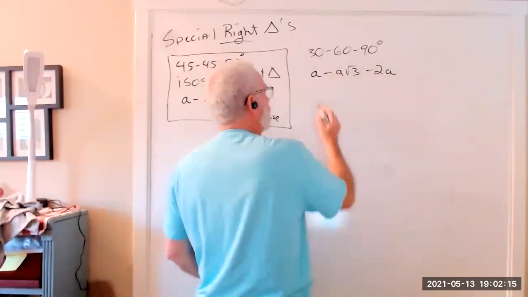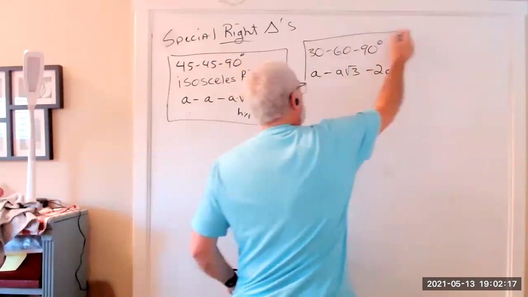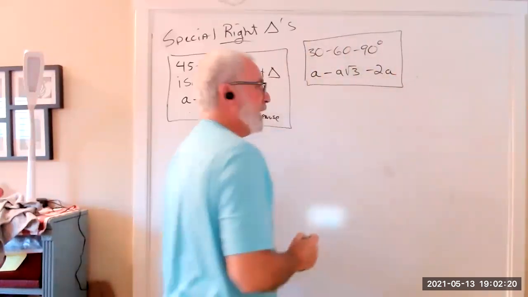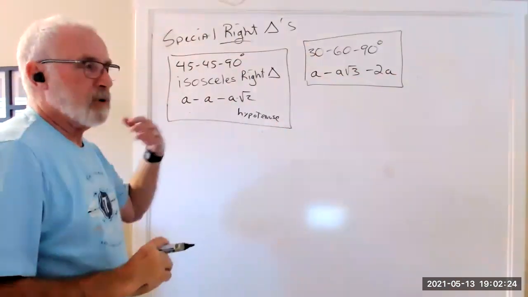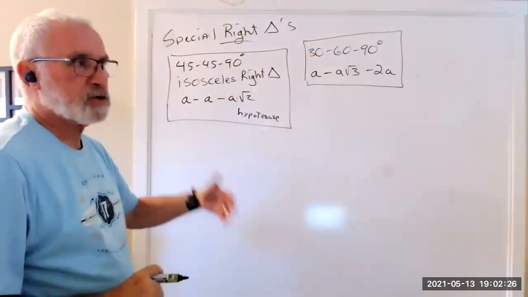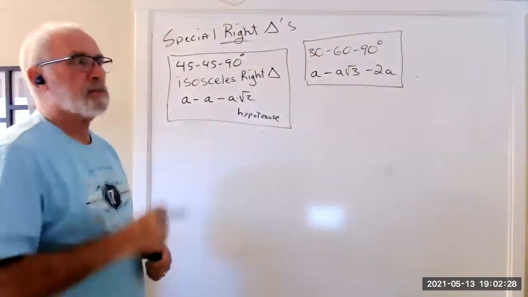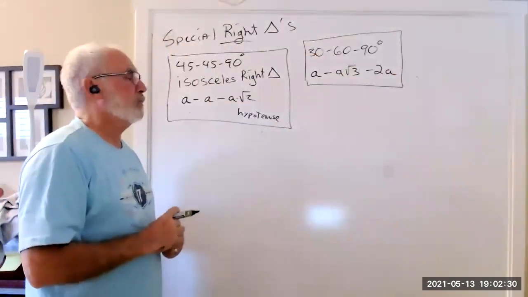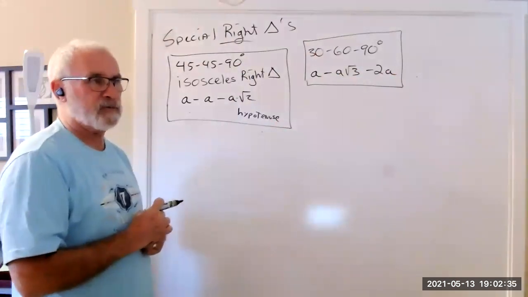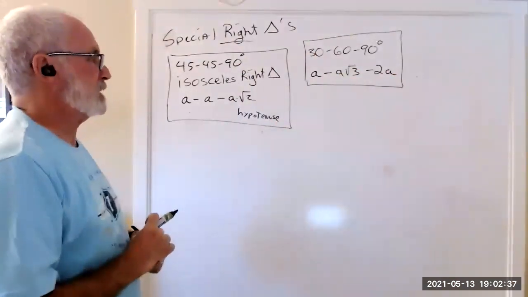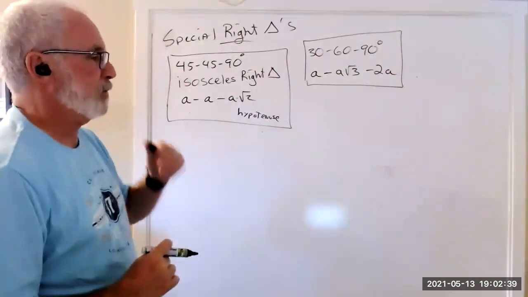I'll show this in a triangle. That's its pattern that you need to know. Again, keep in mind, part of this is for our course this semester, but I'm trying to set you up for trigonometry. Either those of you take it in the summer or those of you take it in the fall. Okay, that's the pattern, A, A radical 3, 2A.